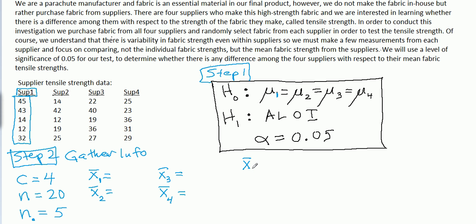So X bar 1, for example, well, I have to sum up from 1 to 5 because there are 5 measurements, right? So from 1 to 5, all the x_1i's, and then divide that by how many observations there are.